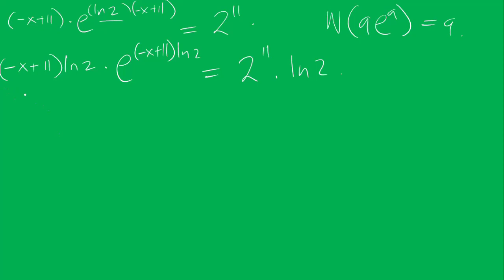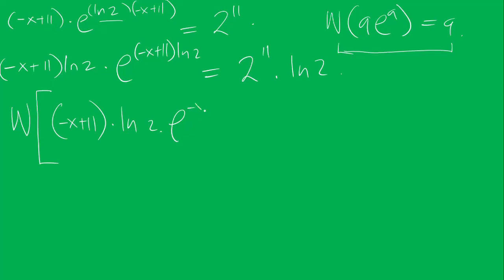Now, having done this, if we apply the Lambert W function, you now have W of minus x plus 11 times natural log 2 times e to the power minus x plus 11 times natural log 2 equal to W of 2 to the power 11 times natural log 2.